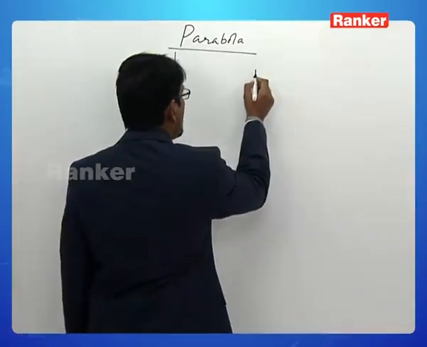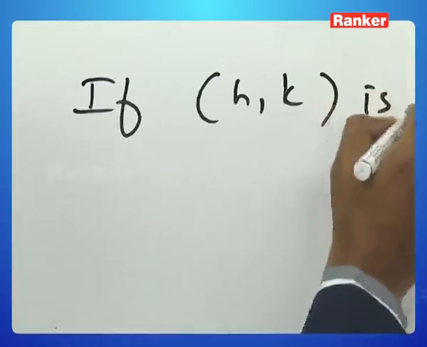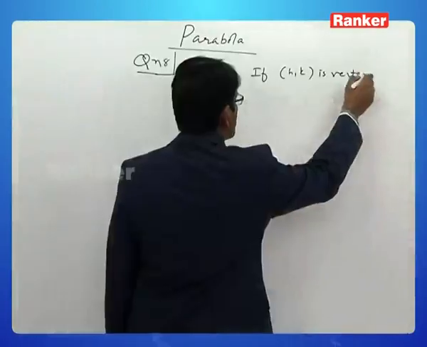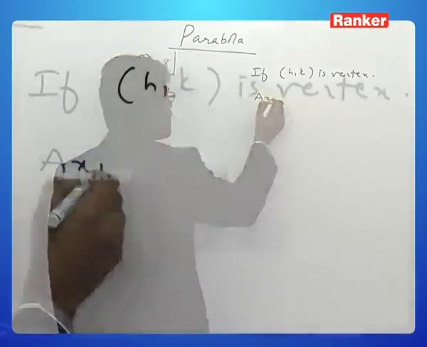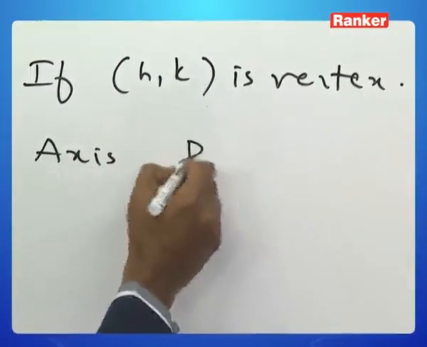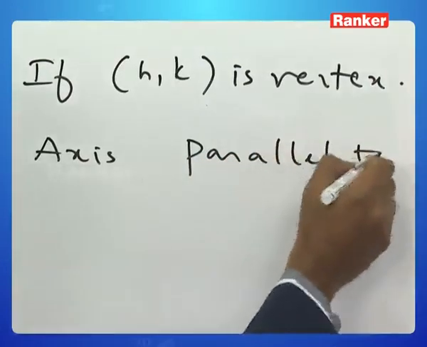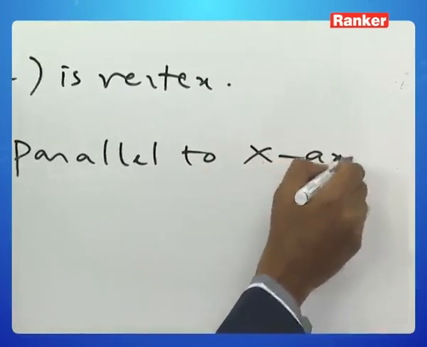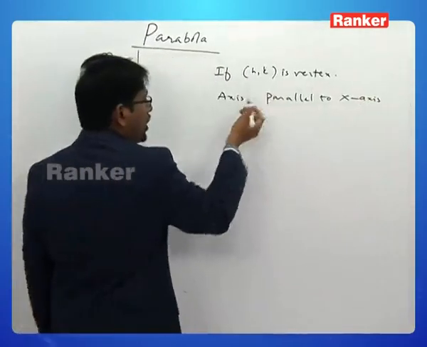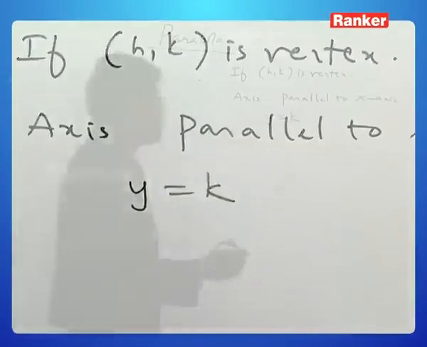If h comma k is the vertex and the axis is parallel to the x-axis, it will actually be passing through h comma k, so therefore it has to be y equal to k.